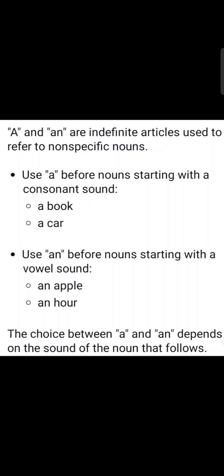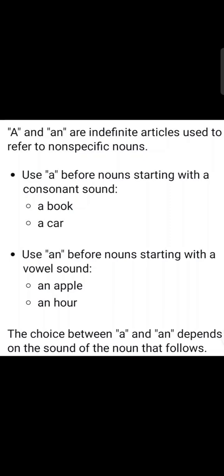But what if a word starts with a consonant letter, but that word doesn't sound consonant? Here is an example. There is a word called hour. Here we can see very clearly that in the word hour, the first letter is H, and H normally sounds like "huh".